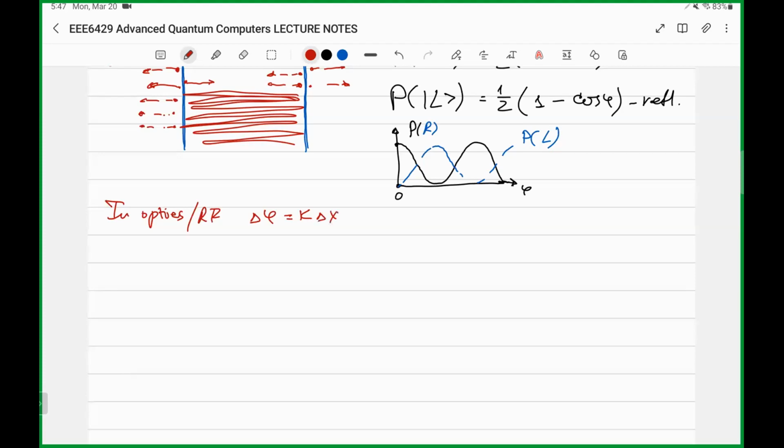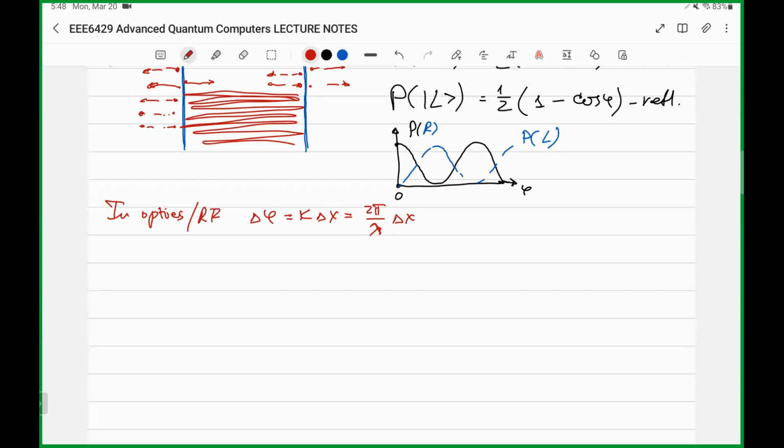Delta x is, for example, the distance between the screens. And this wave number is just 2 pi over wavelength times delta x.